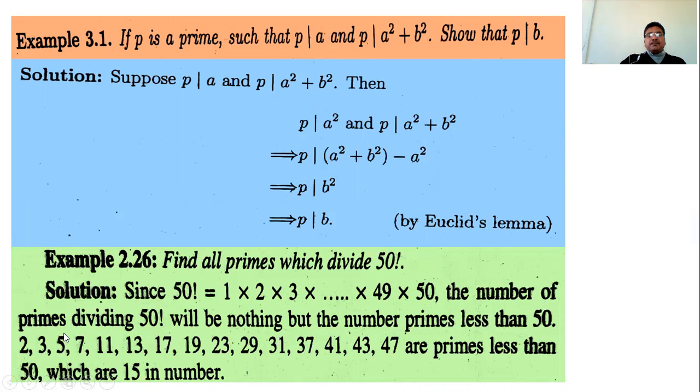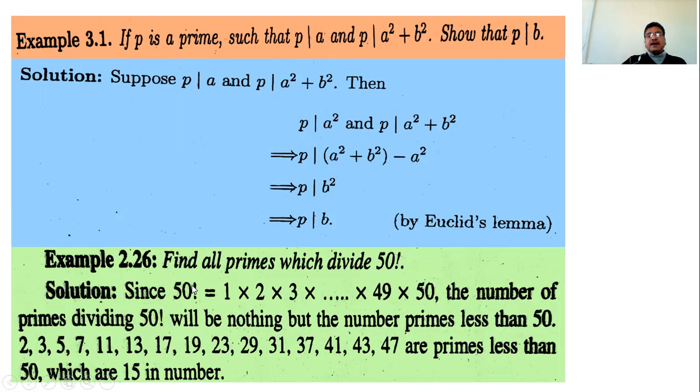The number of primes dividing 50 factorial will be nothing but the number of primes less than 50.